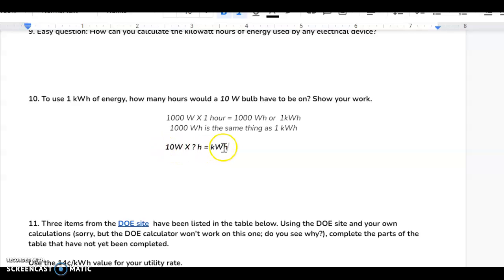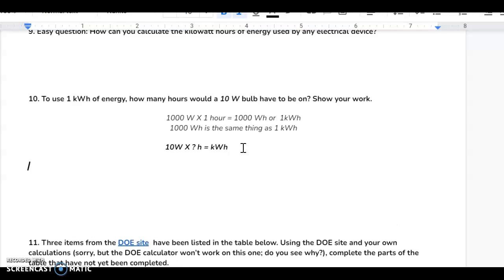We have kilowatts on this side. So let's change this to watts. A kilowatt is 1,000 watts. So we'll rewrite this: 10 watts times question mark number of hours equals 1,000 watt hours.